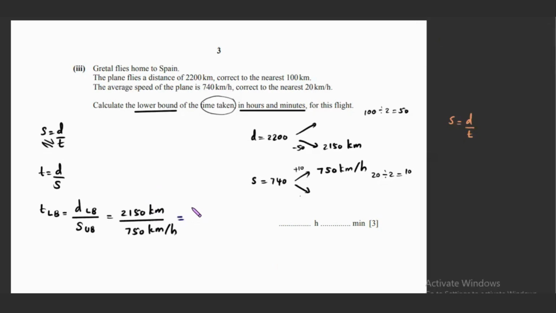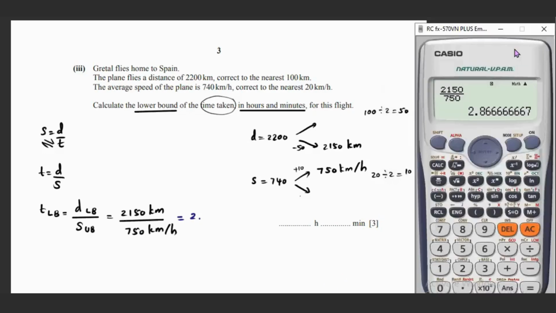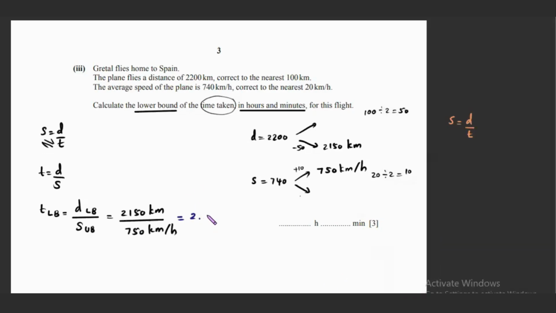So I will write the answer that we got there in the calculator here. So we got 2.866 recurring 6. So this is going to be the amount in hours. But we need to write it in hours and minutes.